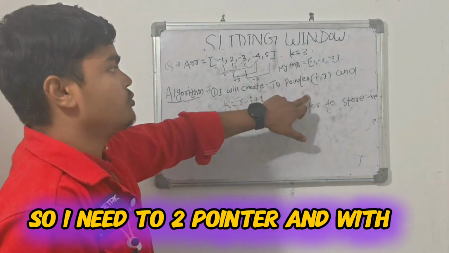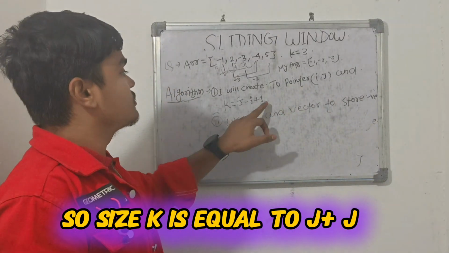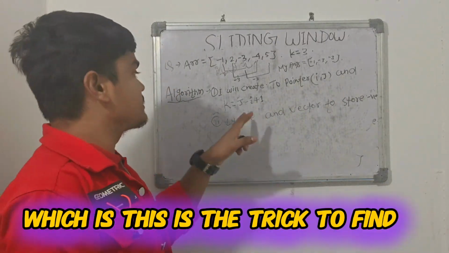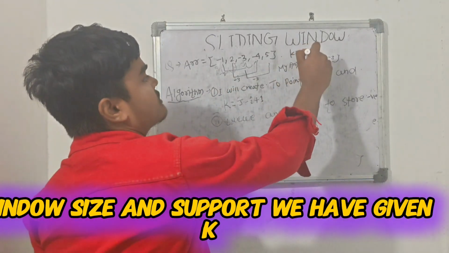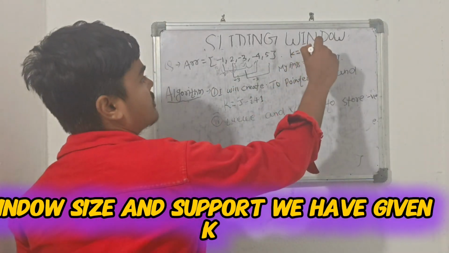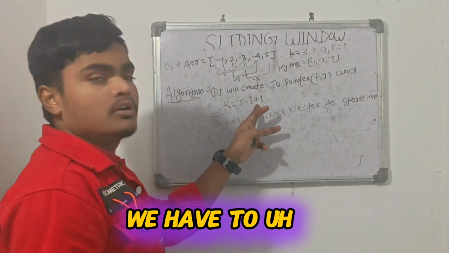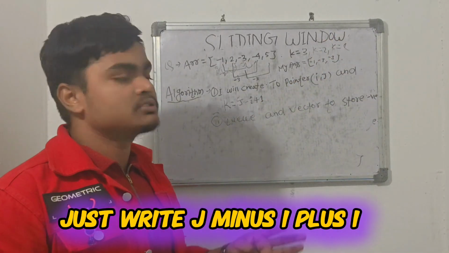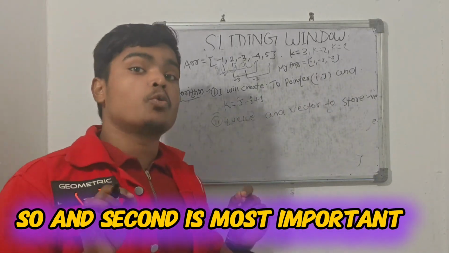So I need two pointers, with window size k. Window size k is equal to j minus i plus 1; this is the trick to find the window size. Suppose k equals 2, or k equals 4: for any window size we just write j minus i plus 1, which indicates my window size.